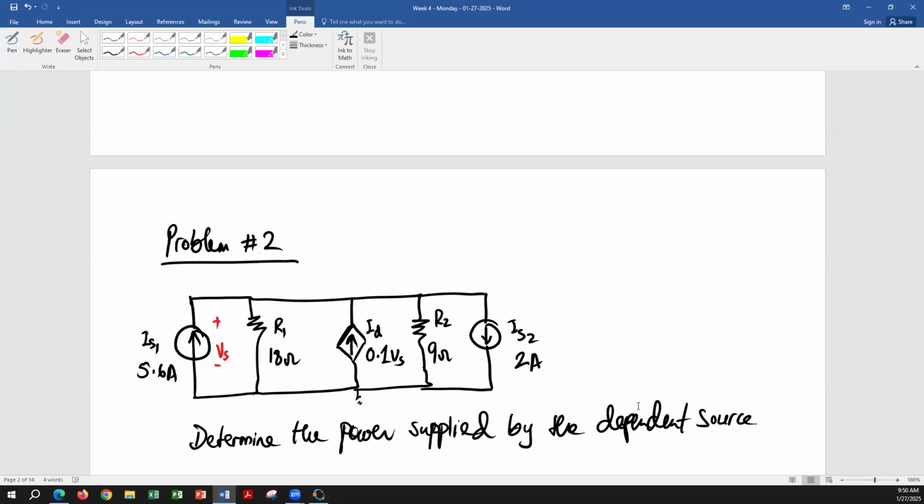what should we do? Hmm? Well, that's Vs. That's what we're looking for. And how are we going to set up that equation? Mesh analysis.